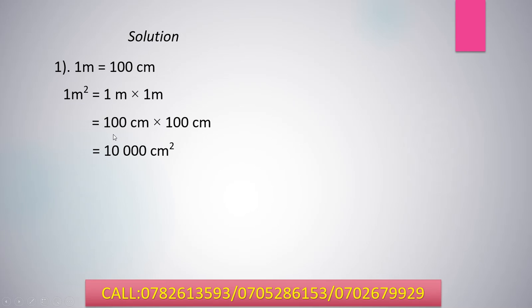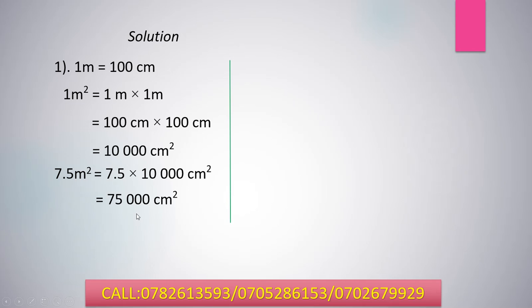So 1 meter squared is equal to 10,000 centimeters squared. Now how about 7.5 meters squared? If 1 is equal to 10,000 centimeters squared, we multiply 7.5 by 10,000 centimeters squared, and therefore the answer will be 75,000 centimeters squared. This is our first example.